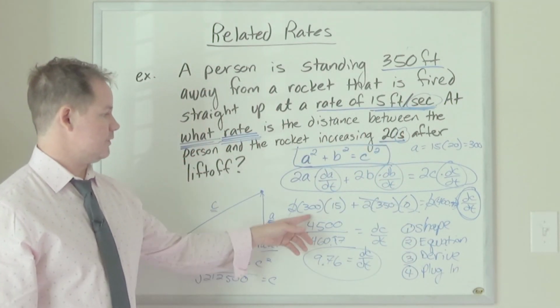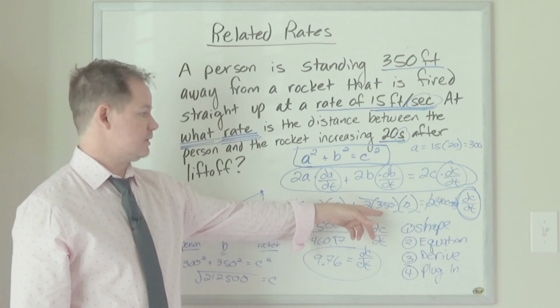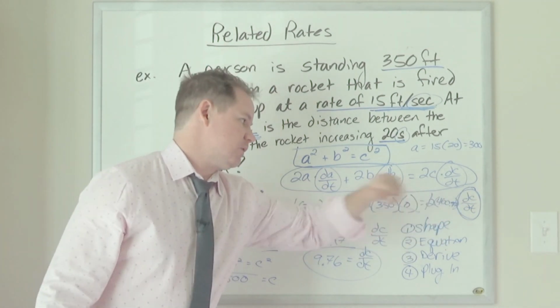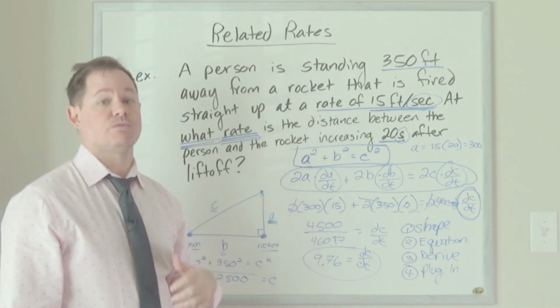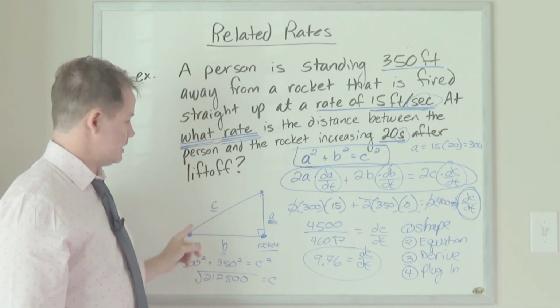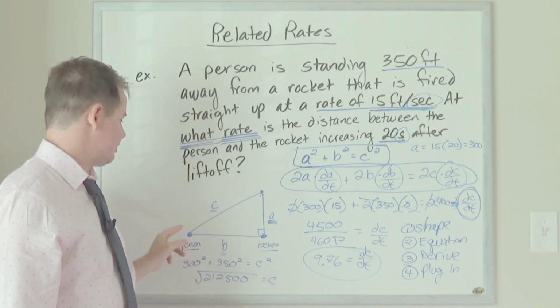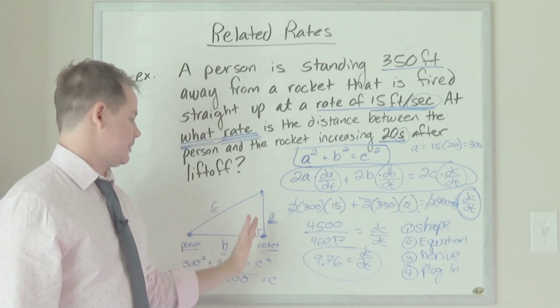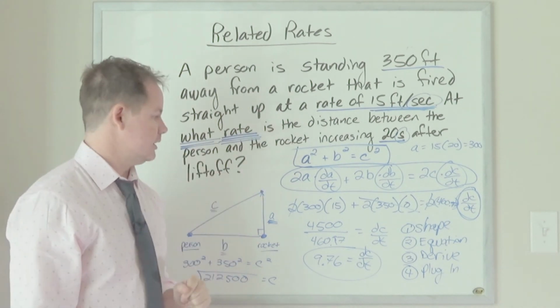So we plugged in for a, we plugged in for dA/dt, we plugged in for b, we plugged in for dB/dt, we plugged in for c, and then we were able to calculate dC/dt, which is the rate of change that they were asking about, which is the rate of increase in distance between the person and the rocket as the rocket is traveling upwards.